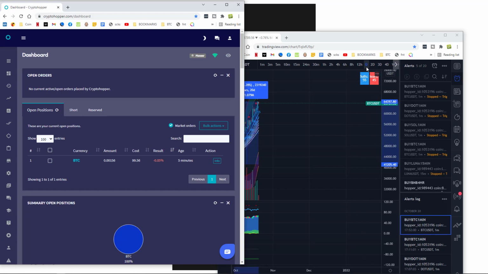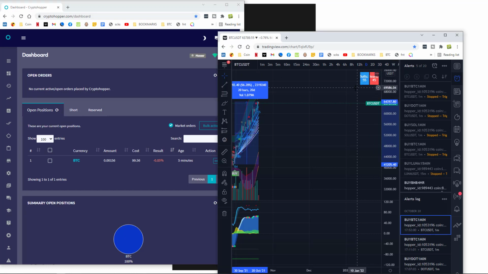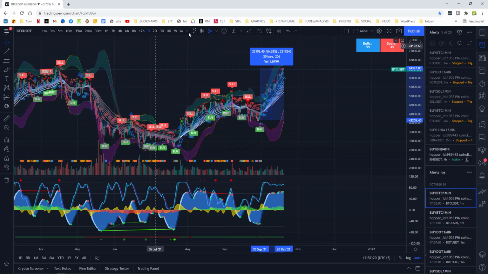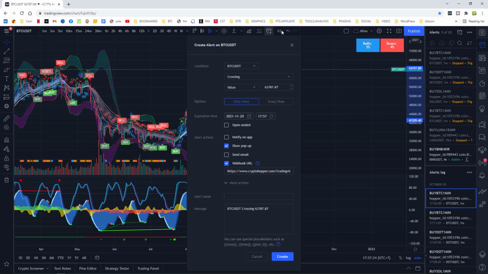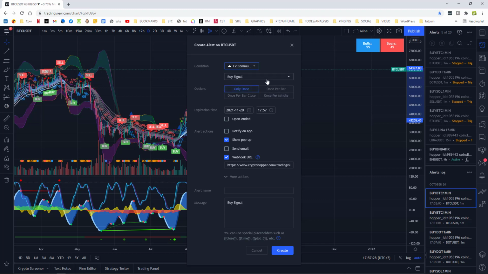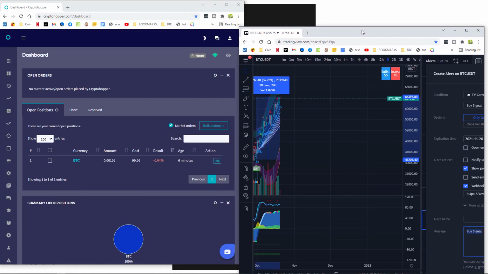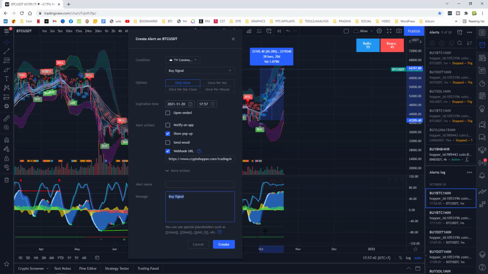And if you were to create the same alert now on the 1 day, paste in your details there. No, that's not the, that's the webhook. Paste in that special code that we did into there.